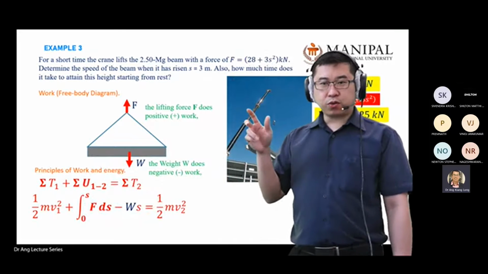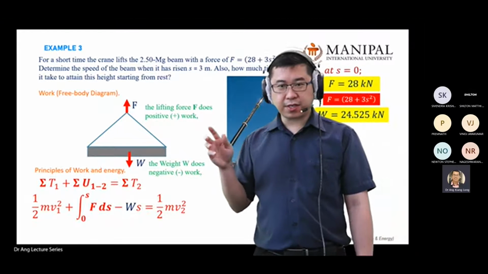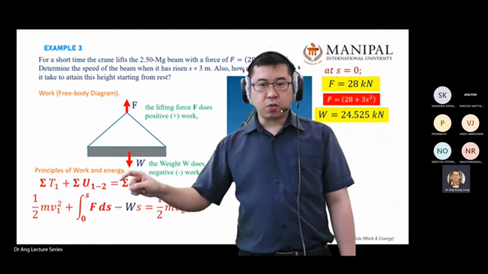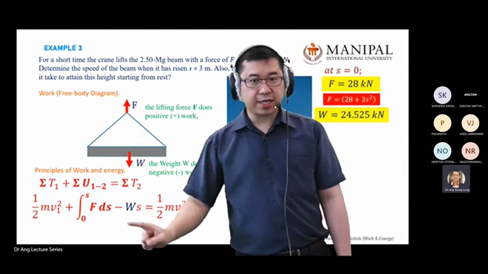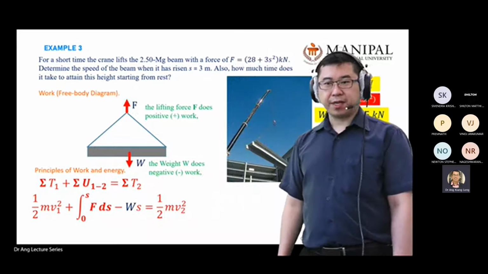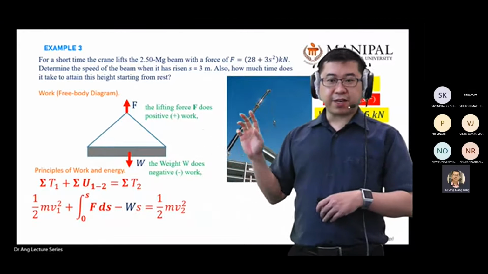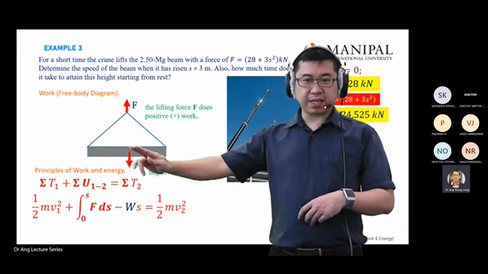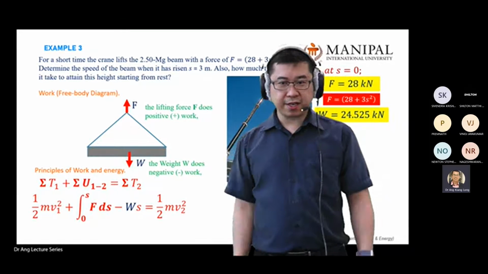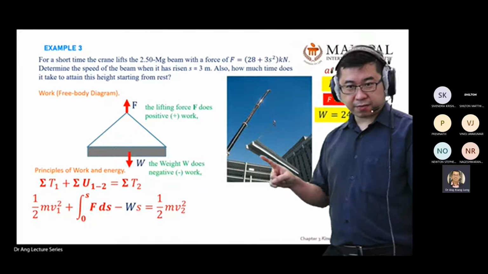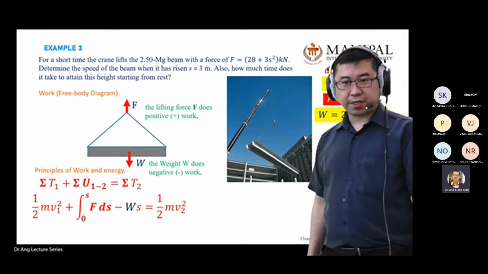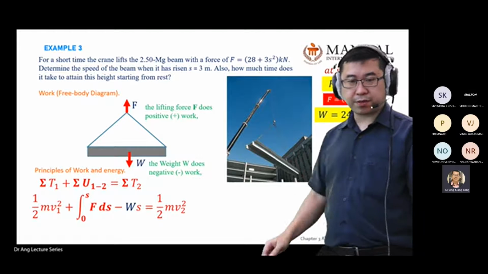So how do you know that you are writing the correct answer? For work, you need to consider all the forces inside the free body diagram. Again, this is a very direct question. What happens if the object is slanted at a certain angle? This is a very strict, very straightforward question.